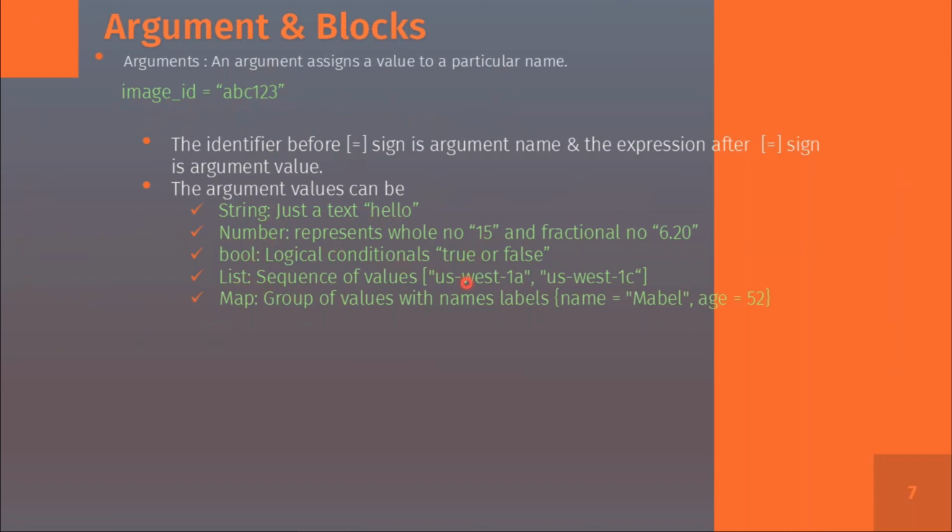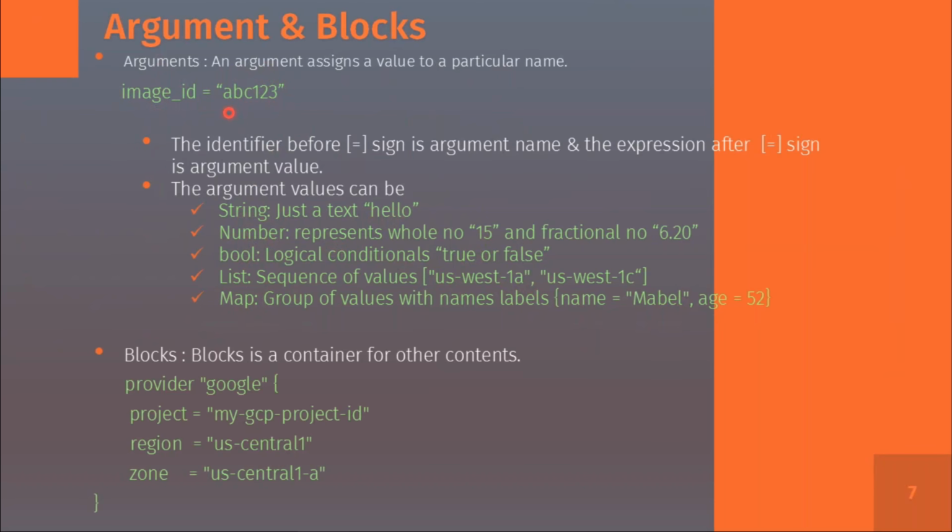A list means a sequence of strings. Or it may be a map. Maps are nothing but key value pairs, with key as name and value as mabel, and key as age and value as 52. We are going to discuss strings and numbers later. For now, just understand an argument with this kind of example, like image_id abc123.